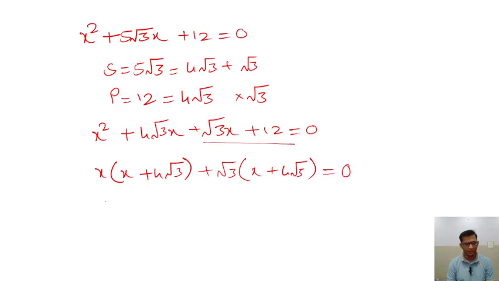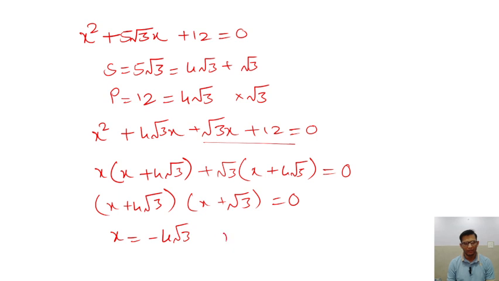So take x plus 4 root 3 as common, and inside the bracket we'll get x plus root 3, equal to 0. So x equal to minus 4 root 3 and x equal to minus root 3. These are the two roots of this equation. So now you can solve these questions which contain the root. There is no need to panic. You'll always get factor of root 3 into root 3 in the product. Okay, so you do not worry about this.